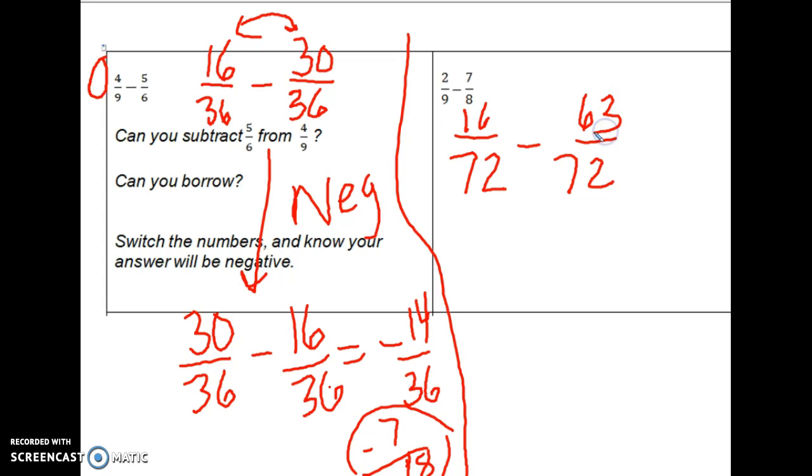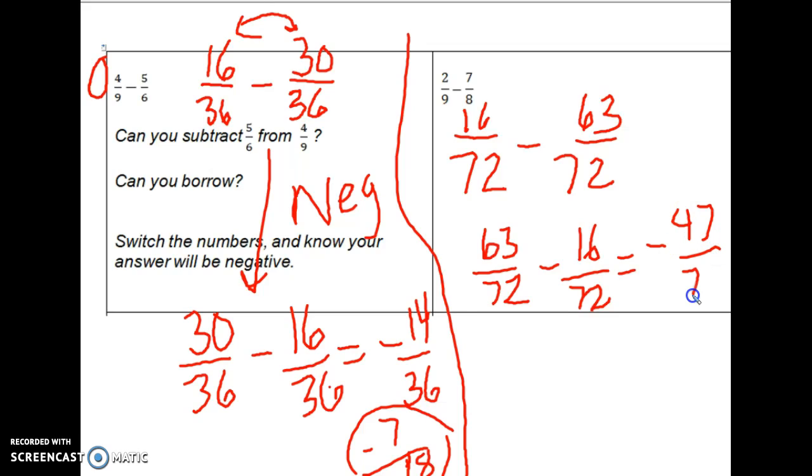I can't take 63 from 16, so I'm going to switch it. I'm going to do 63 over 72 minus 16 over 72, and I know my answer is negative because I've switched them. So then 63 minus 16 gives me 47. Denominator stays as 72. That is in lowest terms, so you are good.